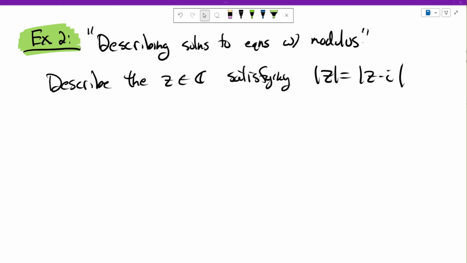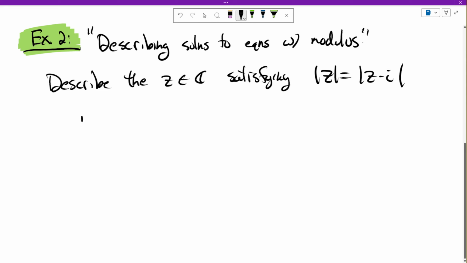So we want to know the z's in C, so the complex numbers, that satisfy the modulus of z is the same as the modulus of z minus i. And before we get started, what we can do is try to get a handle on what either side of these means. So let me just go on a slight tangent here.